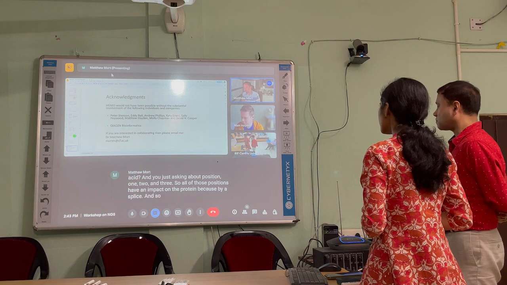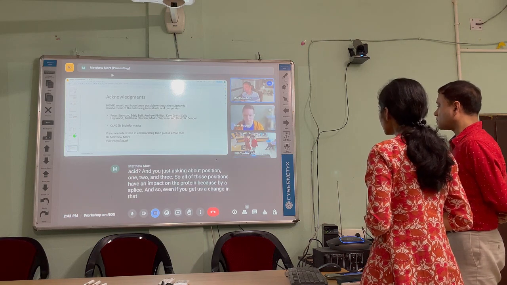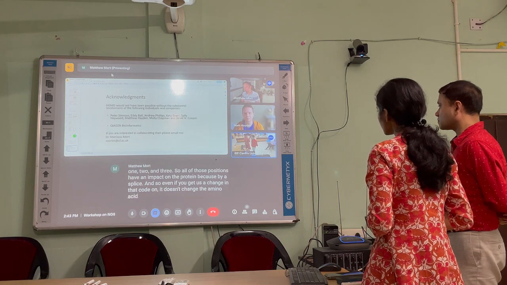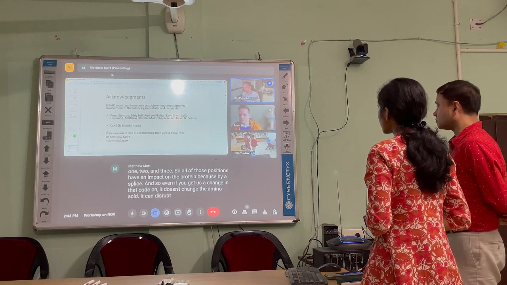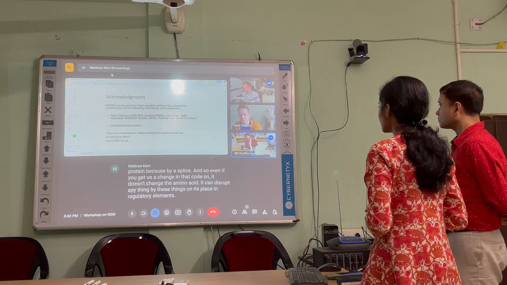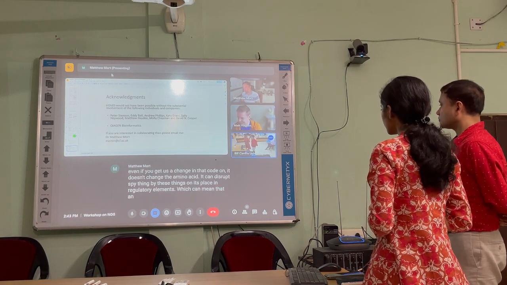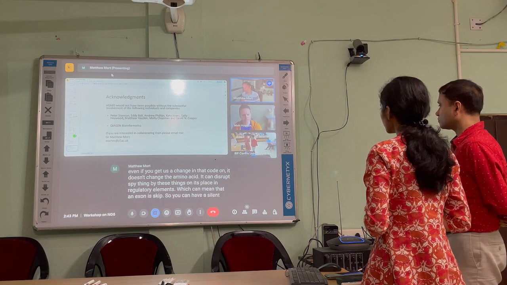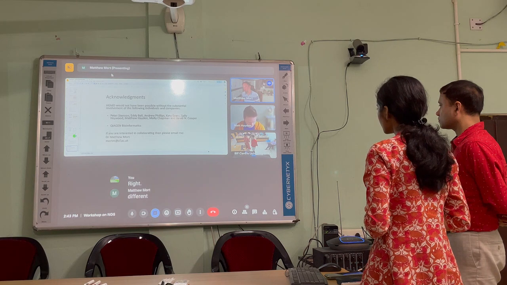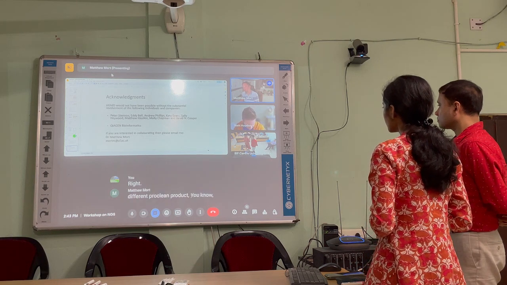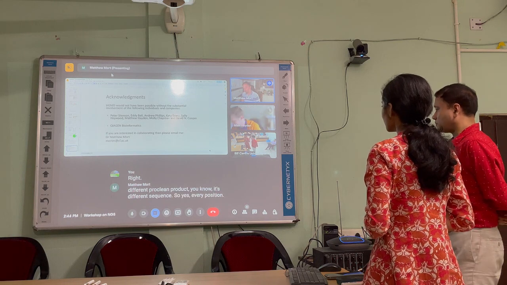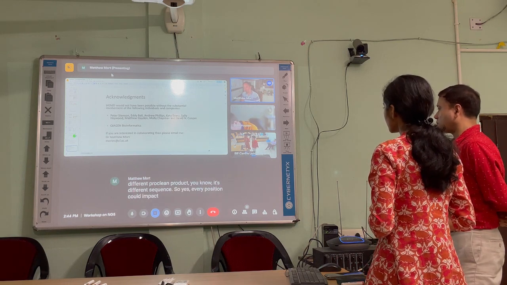Even if you get a change in that codon that doesn't change the amino acid, it can disrupt splicing by affecting an exonic splicing regulatory element, which can mean that an exon is skipped. So you can have a silent mutation, skipping an exon, and leading to a different protein product, a different sequence. So yes, every position could have an impact, but some more than others.